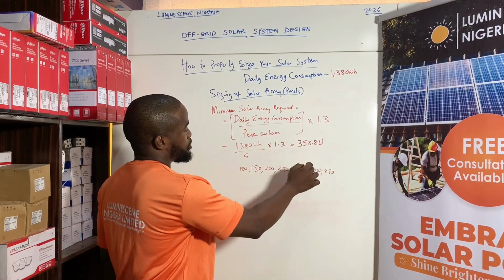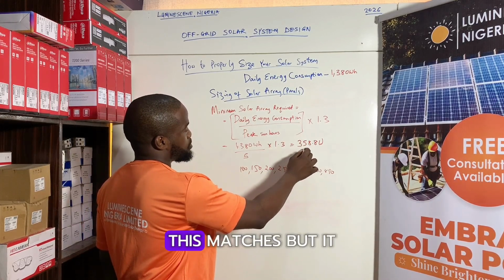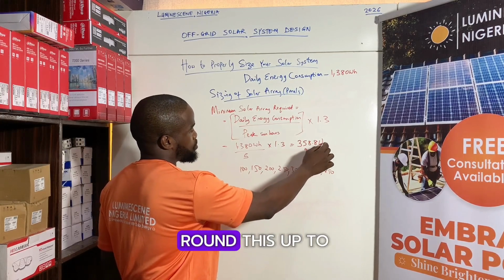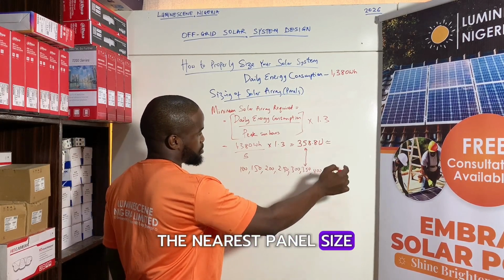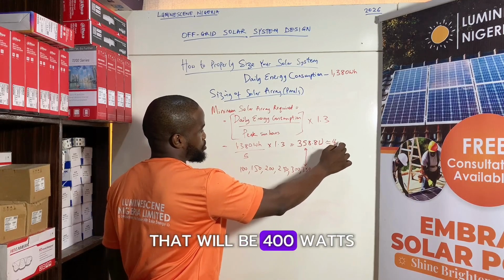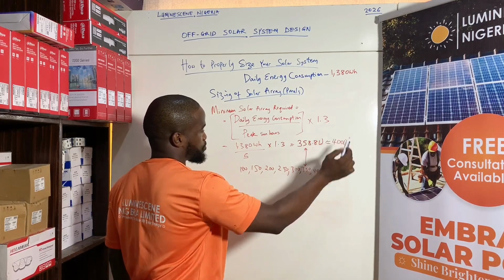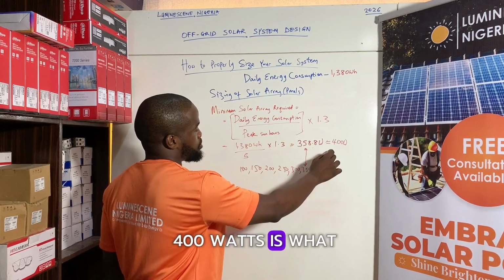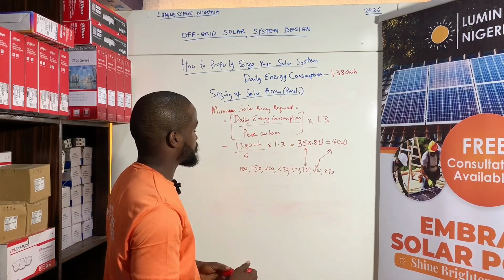So this matches, but it is above. If I round this up to the nearest panel size, that will be 400 watts. So one piece of 400 watts is what we need in this case.